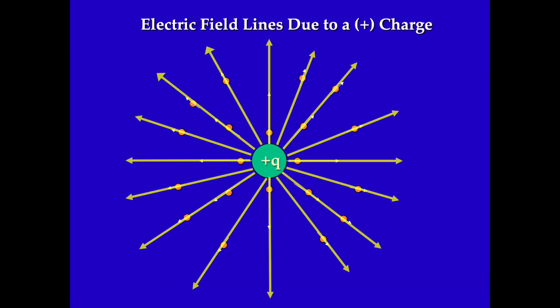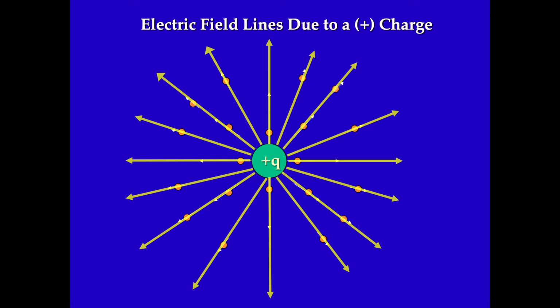Those yellow lines are the field lines, which I've drawn tangent to the vector fields. Now, you go anywhere along that yellow line, and you draw a line tangent to this yellow line, it's going to tell you the direction of the electric field at that point. So these are field lines.